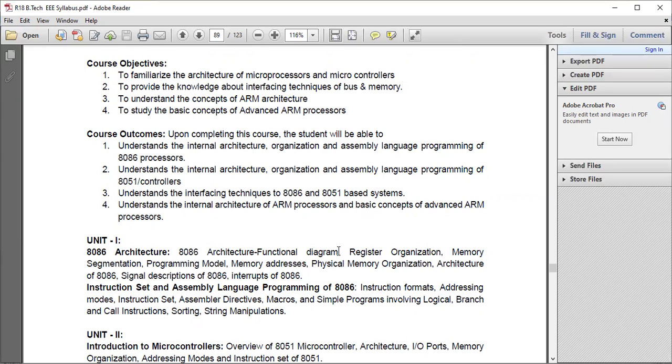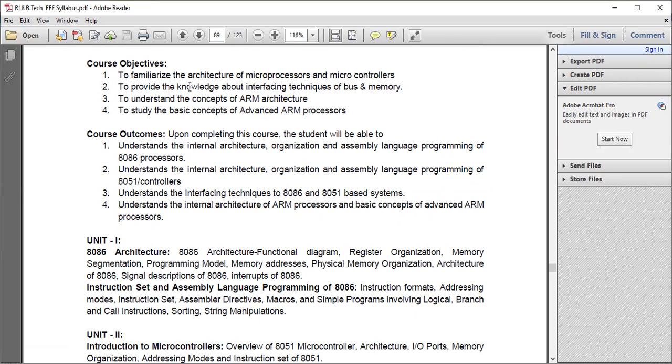We have already discussed LCD, keyboard, ADC, DAC, and how you will interface these to 8051. And the fourth, last outcome is the internal architecture of ARM processors and advanced ARM processors. We will get through all this after completion of our course.